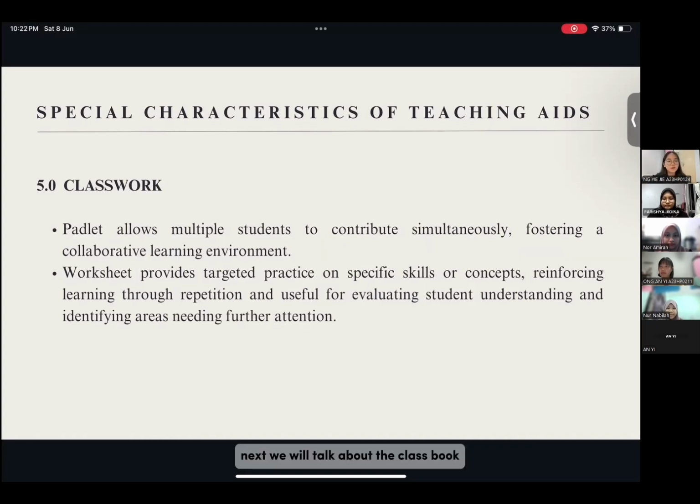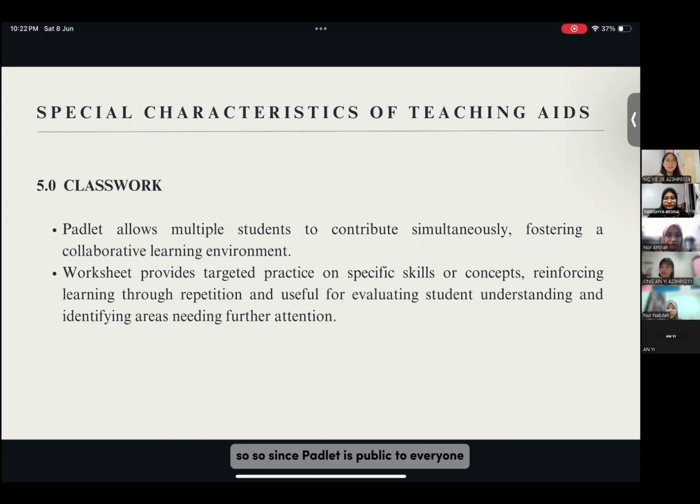Next, we will talk about the classwork. What classwork did we use in our Google Classroom? There are actually two. First is the Padlet, and the second is the worksheet. Padlet is a chance for students to exchange their opinions and answers. Padlet allows multiple students to contribute simultaneously, fostering a collaborative learning environment.